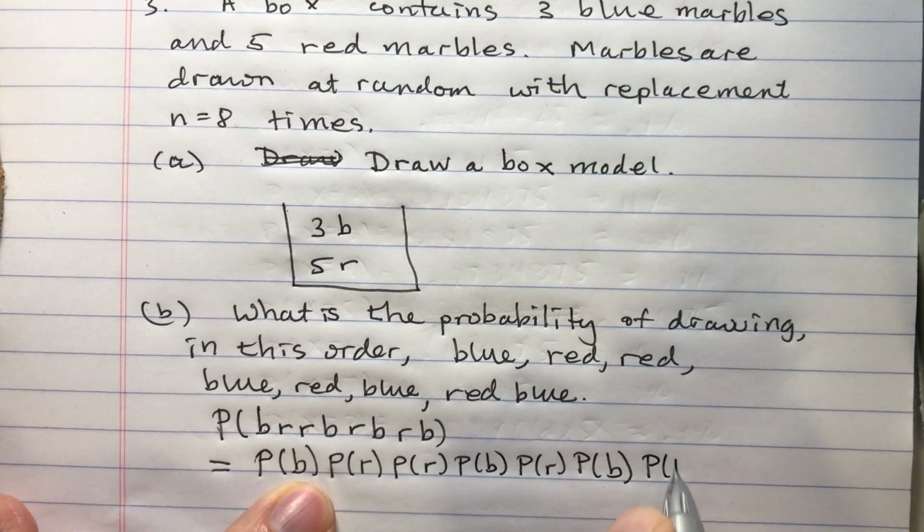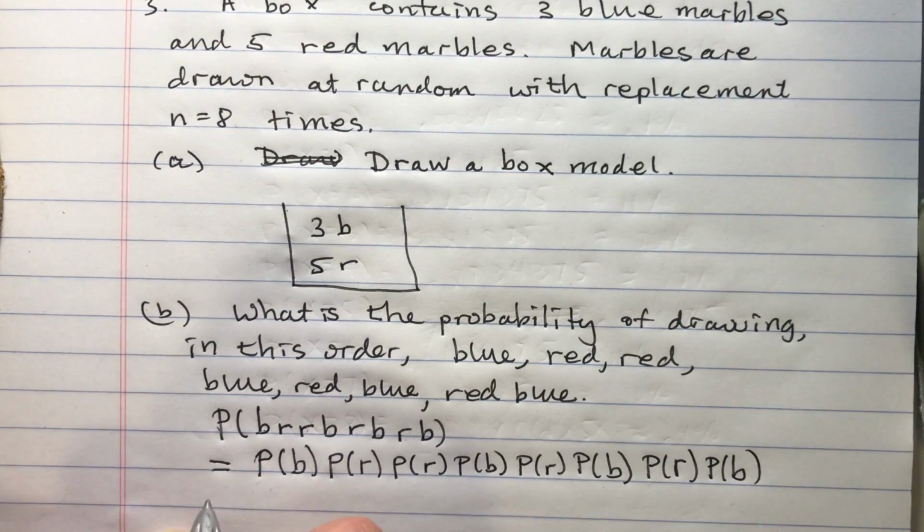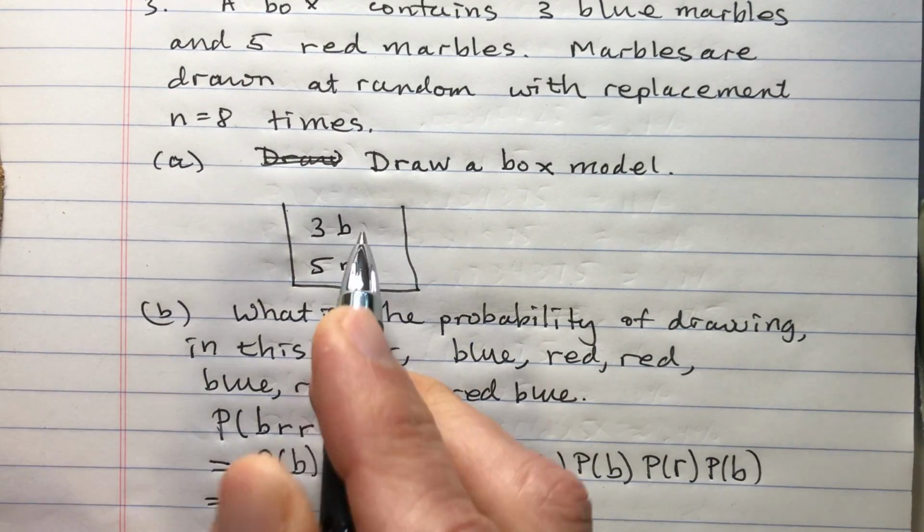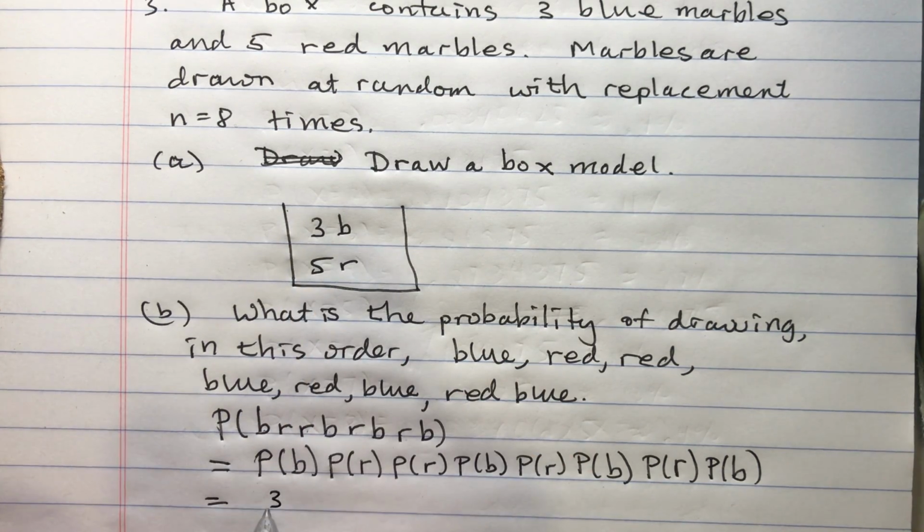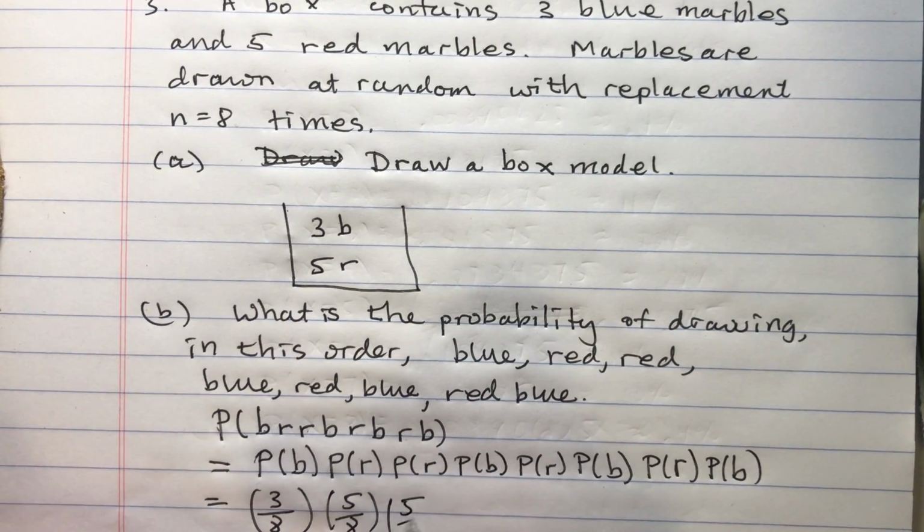For this problem, the probability of drawing a blue is 3 blue marbles out of 8 in total. For red, we have 5 red out of 8. So the probability of blue is not the same as the probability of red, unlike tossing a fair coin. So I'm replacing the probability of blue by 3/8, and the probability of red by 5/8.